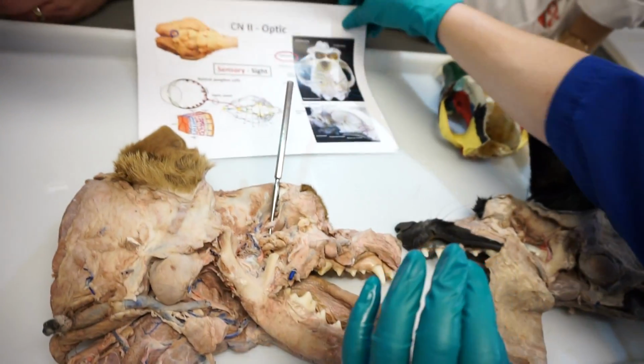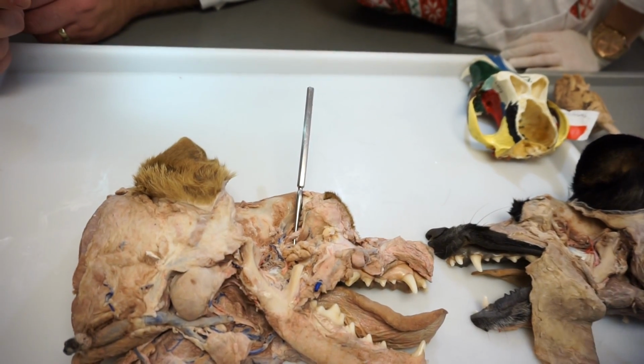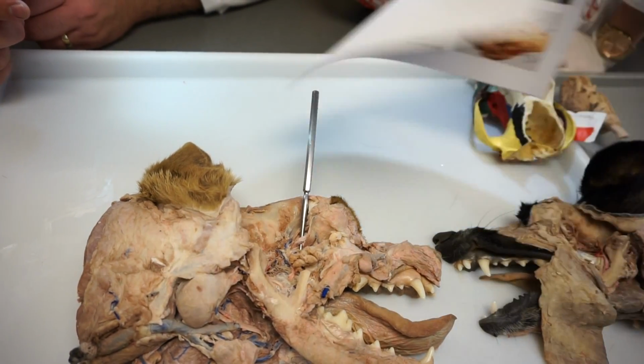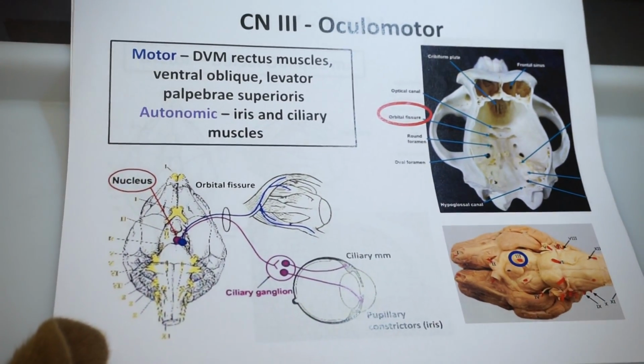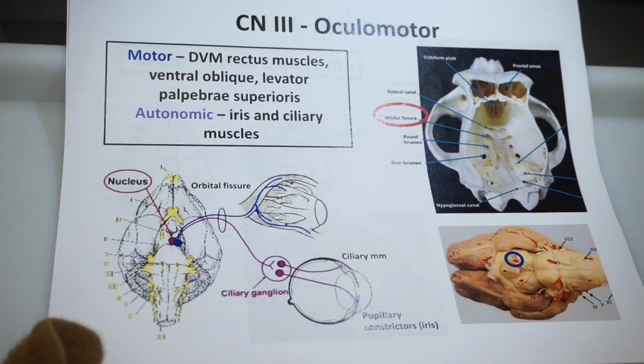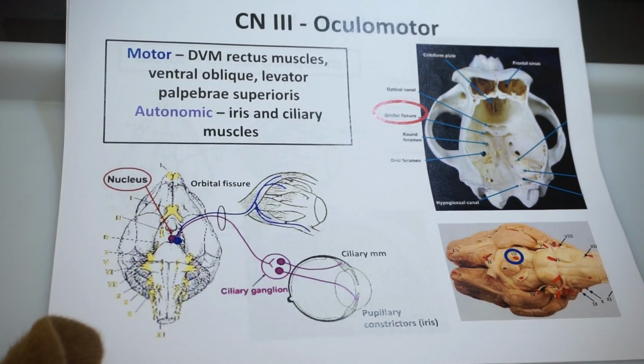Let's move on to cranial nerve 3. This is going to be the oculomotor nerve. It has motor and autonomic fibers in it.